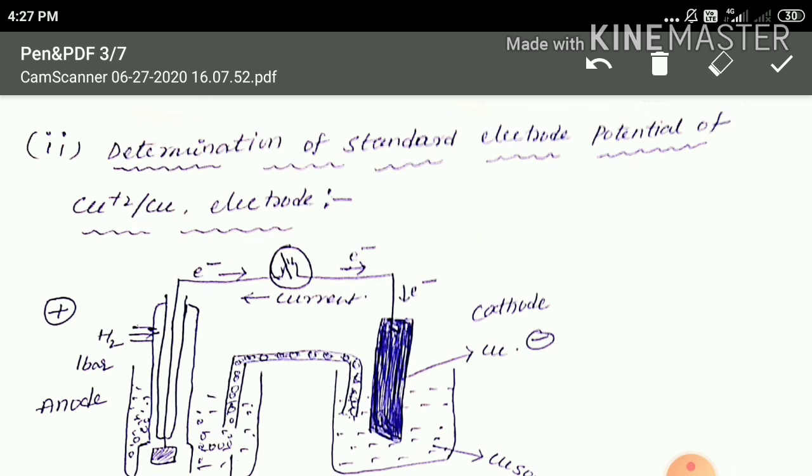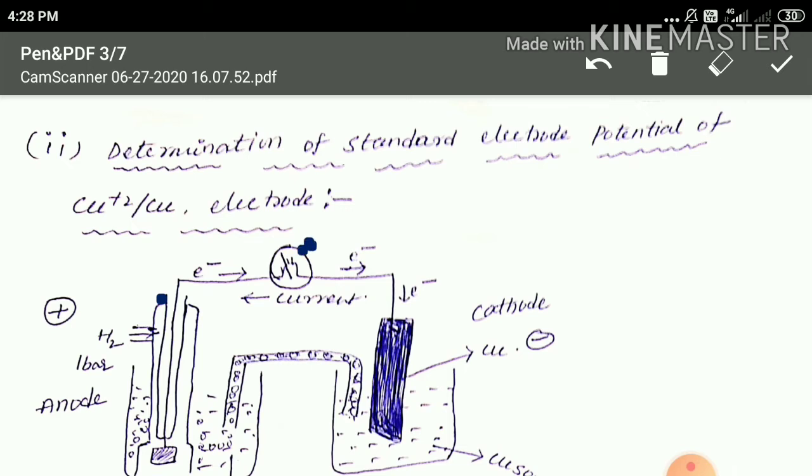In the cathode, a copper rod is dipped in copper sulfate solution, and here the hydrogen electrode I have kept as the anode. When these two are internally connected by a salt bridge and externally connected through a wire, I have arranged a voltmeter. This is a voltmeter.